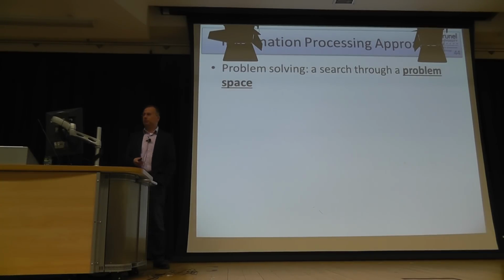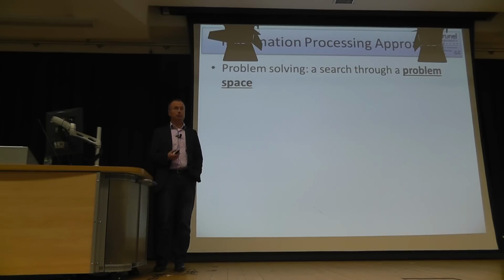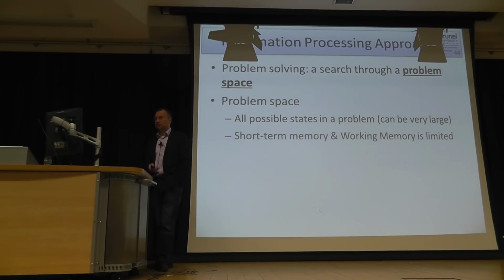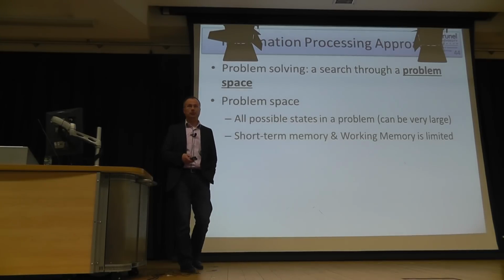Now, Newell and Simon proposed that to solve the problem, we search through that problem space. So, as I said, we have, as seen on the graph, all possible states. However, this can be easily implemented, or not so easily, in computer programs.